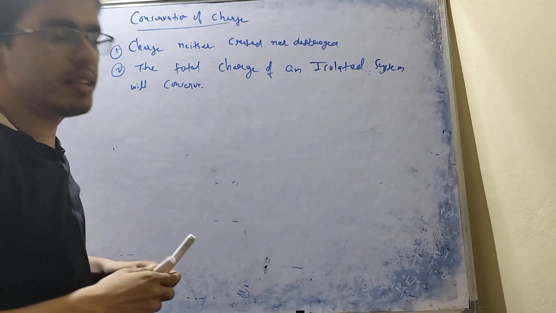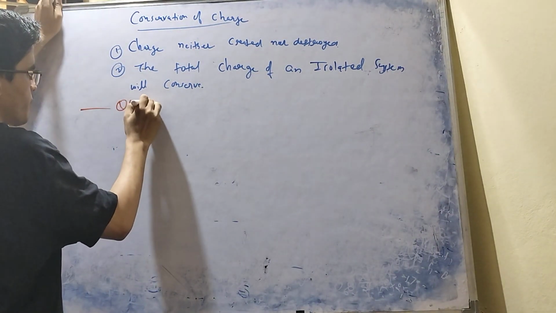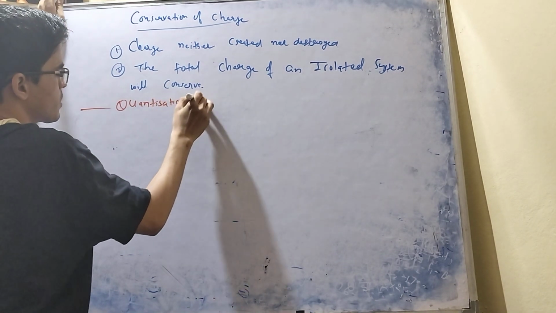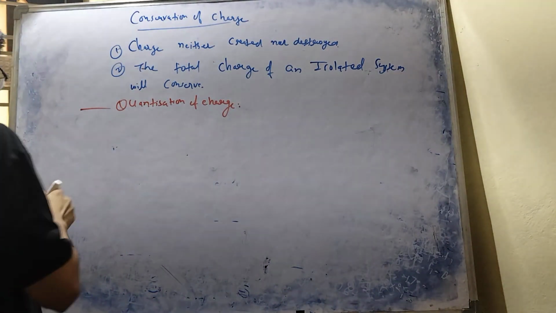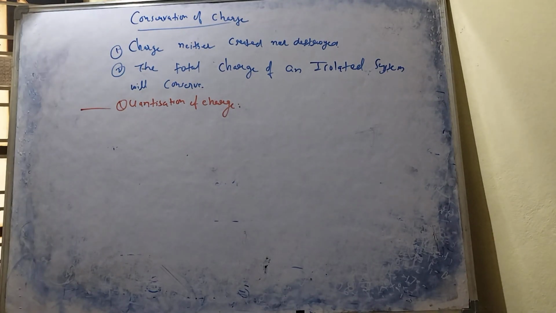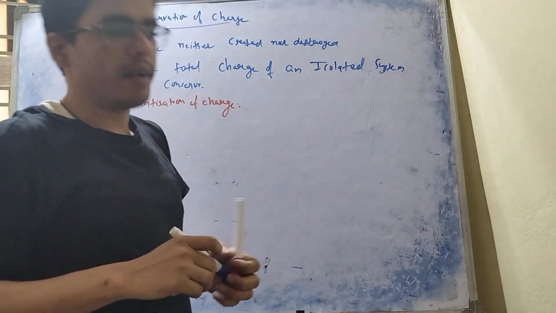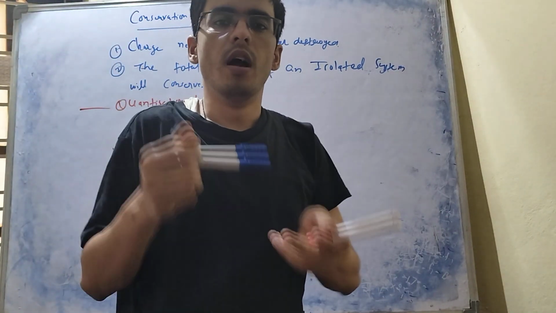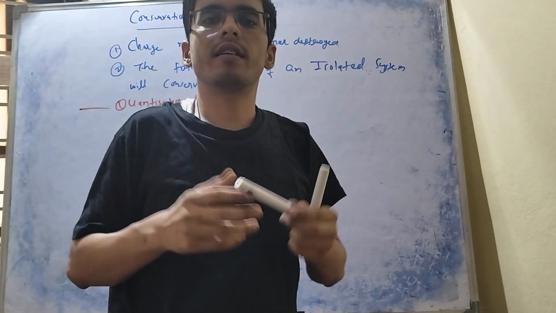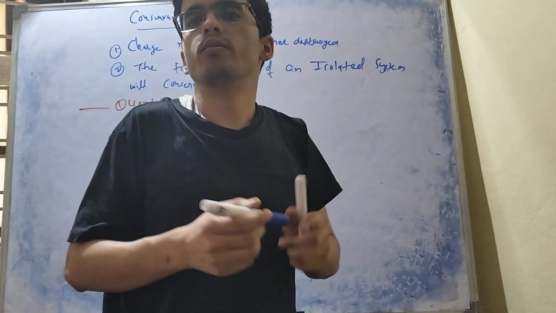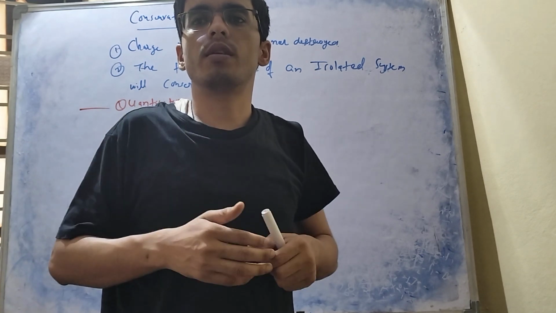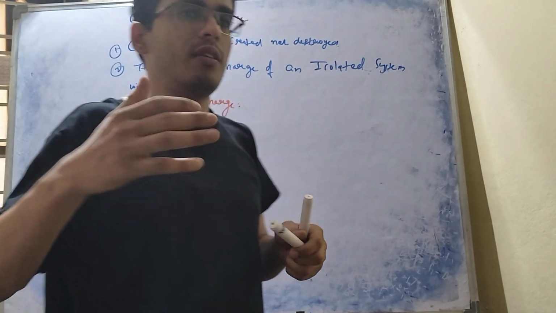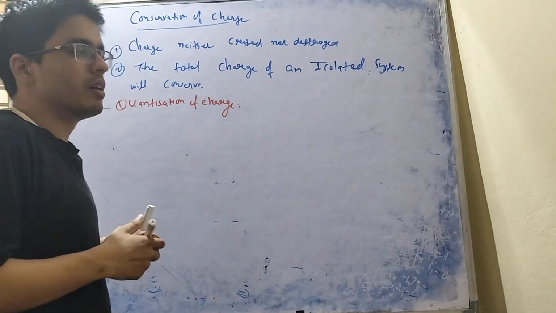Next, quantization of charge. What is quantization of charge? See, I am asking one question. I want to purchase this marker. So this marker we will get in integer form, meaning 1 marker, 2 markers, 3 markers, 4 markers, right? Suppose I want to purchase 1.5 markers, it is not possible, because it will always exist in integers 1, 2, 3, 4.